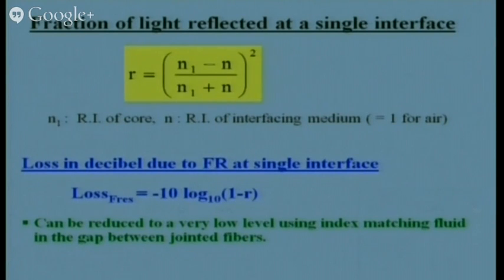if I know the refractive index of the fiber, if I know the refractive index of the epoxy which I am going to use for the fiber. So how can it be minimized? If your N is very near to N1. It can be reduced to a very low level using what we call index matching fluids or index matching gel between the gaps.